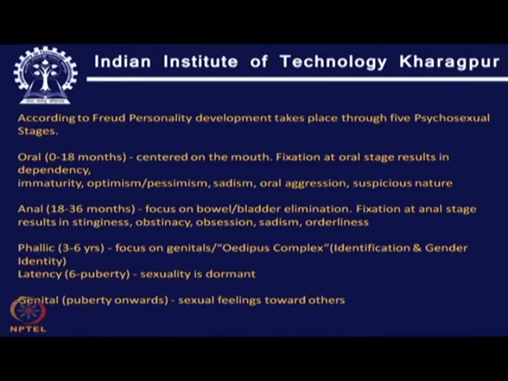It's important for people to know how to deal with children, because each deprivation or dissatisfaction or over satisfaction, whatever you call it, at each of these stages may lead to certain personality patterns. So, oral stage, it is centered on the mouth.